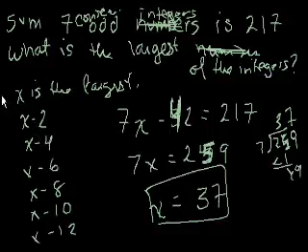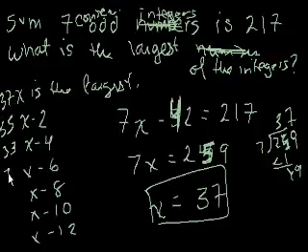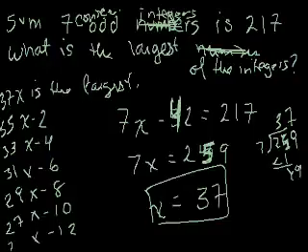So if x is 37, which is what we solved for, then x minus 2 is 35, this is 33, this is 31, this is 29, this is 27, this is 25. And then we just added up all the x's, and then added up all the constants and said that they add up to 217, and then we just solved for x.